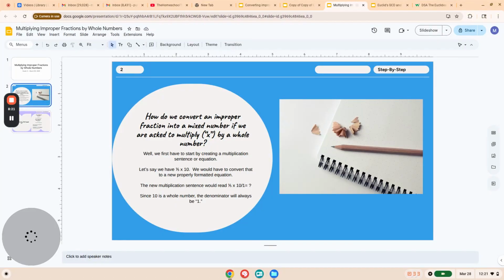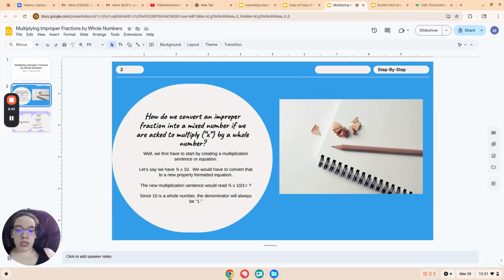So how do we convert an improper fraction into a mixed number if we are asked to multiply by a whole number? Well, we first have to start by creating a multiplication sentence or equation. Let's say we have 1/5 times 10. We would have to convert that to a new properly formatted equation.